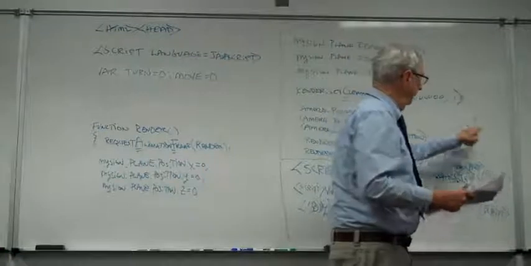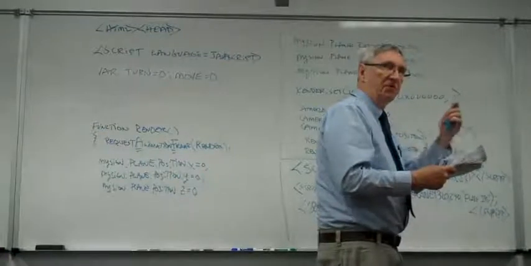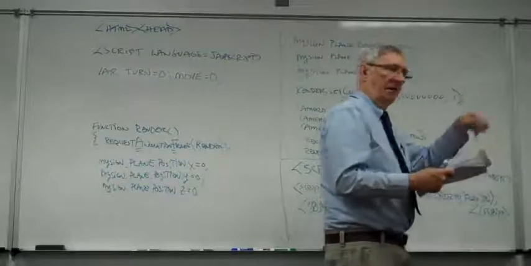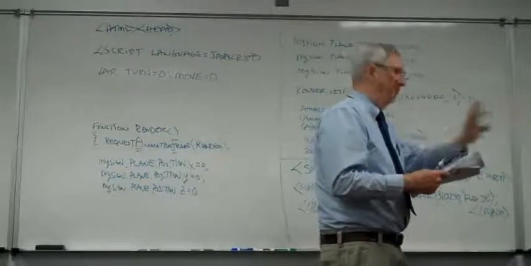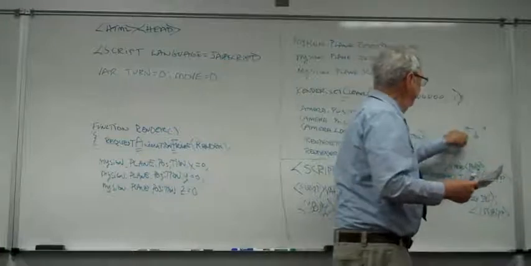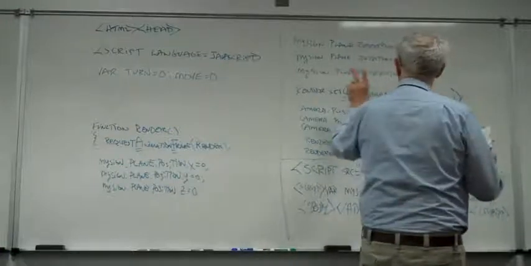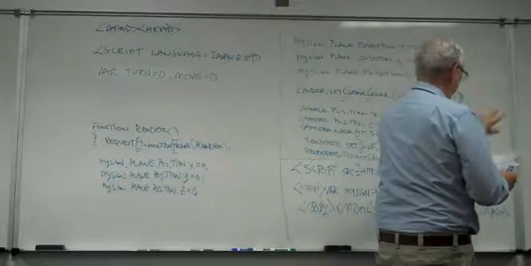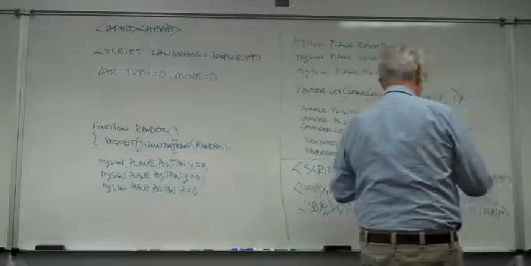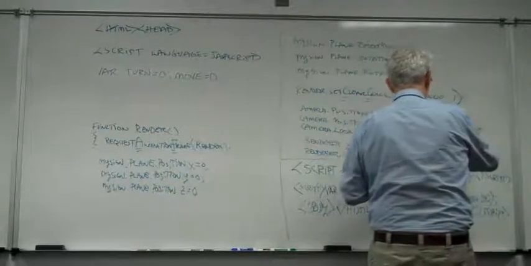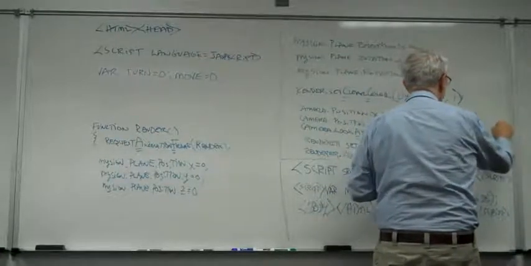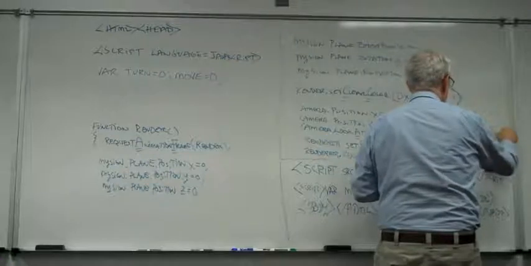If I hit the upper arrow, I want the thing to move towards us. If I hit the down arrow, I'll call it negative, so it moves away from us. If I hit the left arrow, I want the thing to turn this way on the y-axis. And if I hit the right arrow, I want it to turn that way on the x-axis. So this here is 37, 38, 39, and 40.